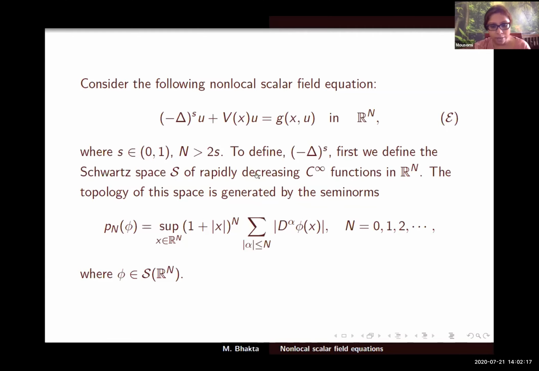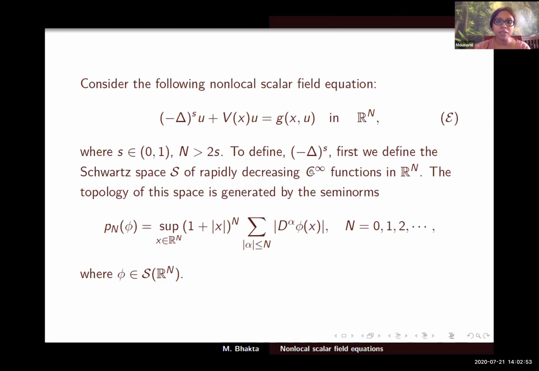By that I mean, suppose phi is in the Schwartz space, that means phi is C infinity, and if you take any order derivative of phi and multiply it with any order polynomial, then the product function goes to zero at infinity. So it is rapidly decreasing at infinity. There is a topology on this space which is generated by these seminorms. This is the standard Schwartz space.